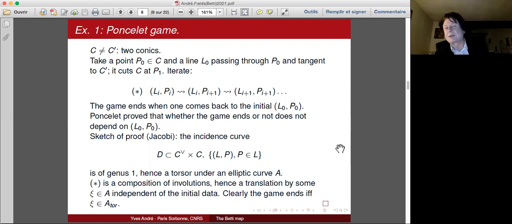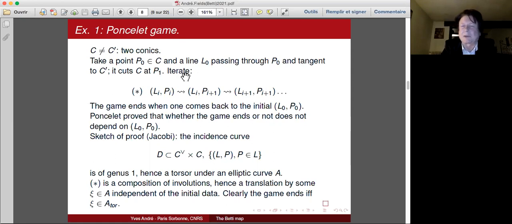So there are two of them. We choose one. So we start with P0 and L0, which contains P0. Then this line cuts the first conic at another point. Let us denote it by P1.